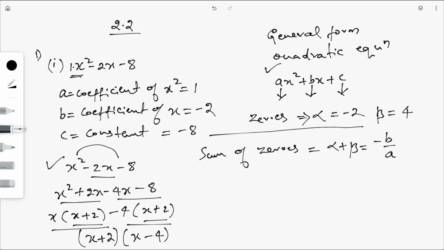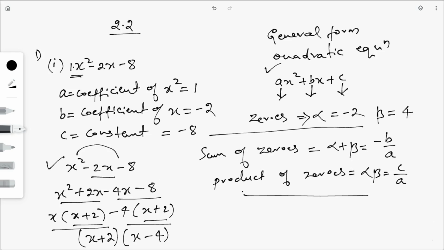Okay, what is this minus b? Minus of coefficient of x divided by coefficient of x square, and product of zeros, that is alpha beta, is equal to c by a. So this is the relationship between zeros and the coefficients. So we need to verify this relation in this case.